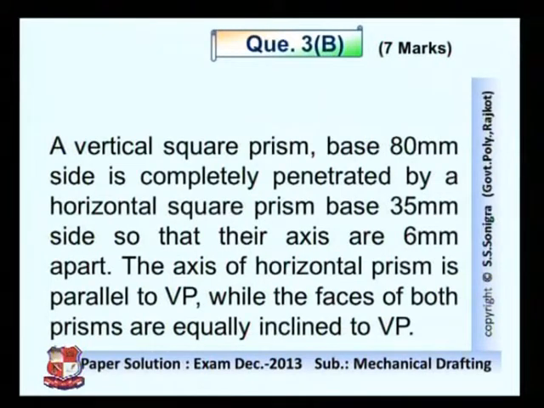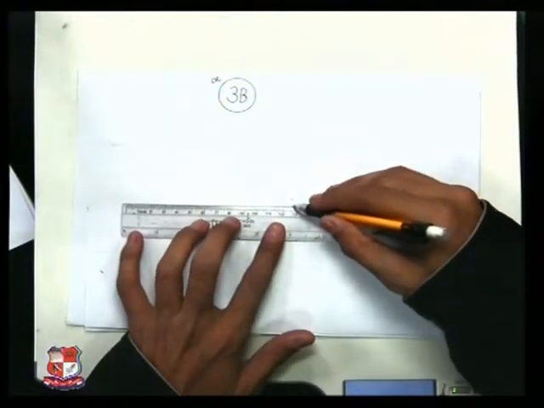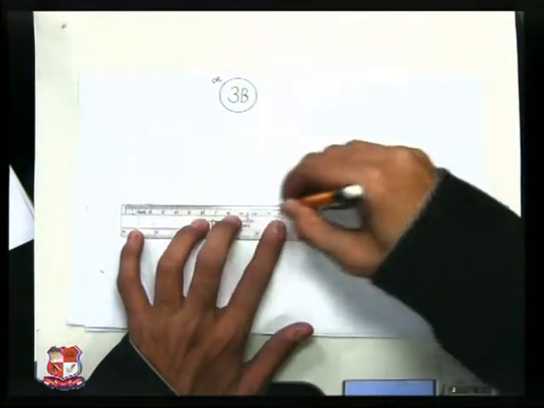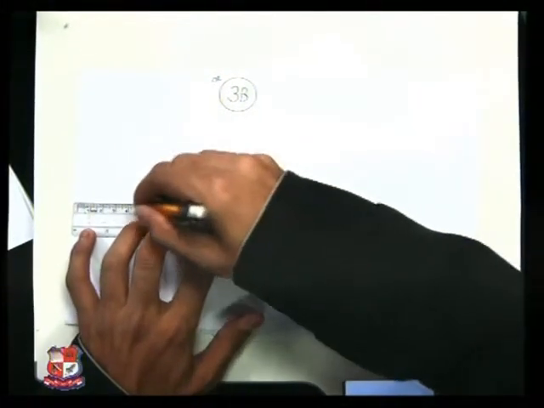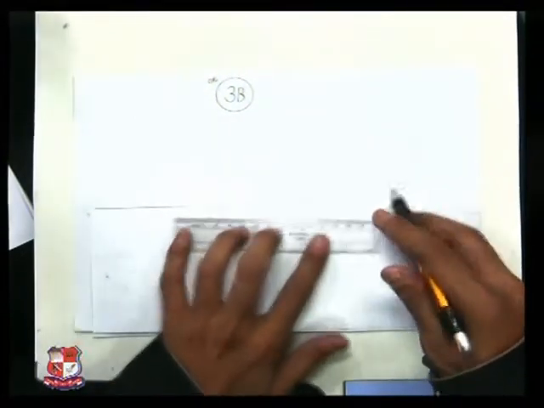A square prism is given, hence the top view of the square prism would be a square, and here draw an XY line. This is an XY line which represents the intersection of HP and VP.